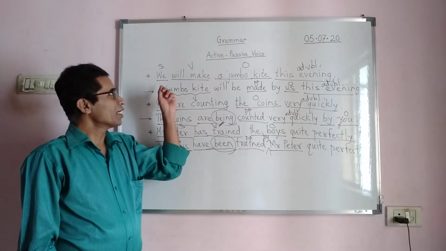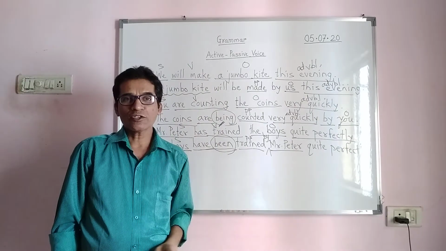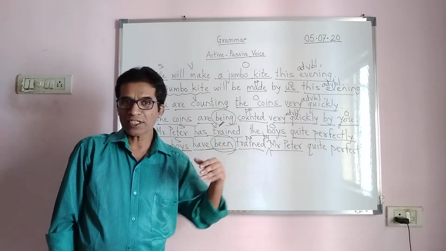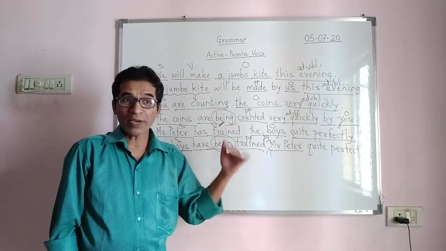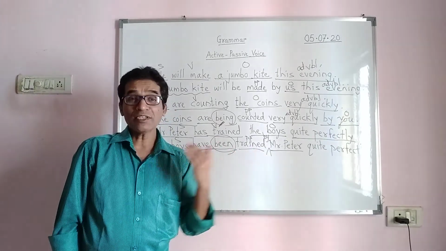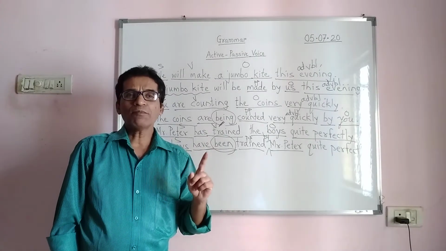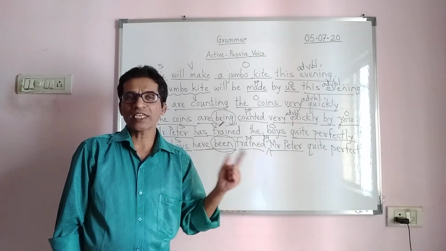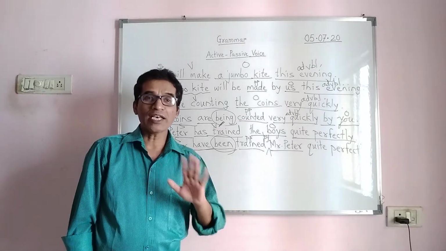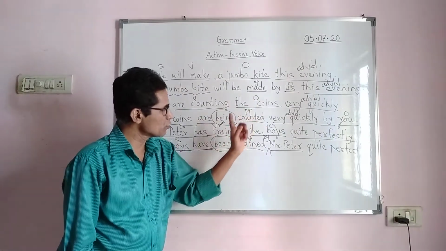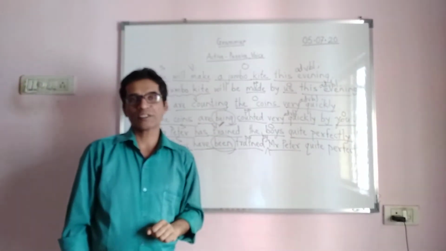Remember, an active voice sentence shows that the subject is doing the action. In passive, the subject is receiving the action. In active, any type of verb can be used, first form, second form, third form, but in passive only third form, that is past participle, is used.